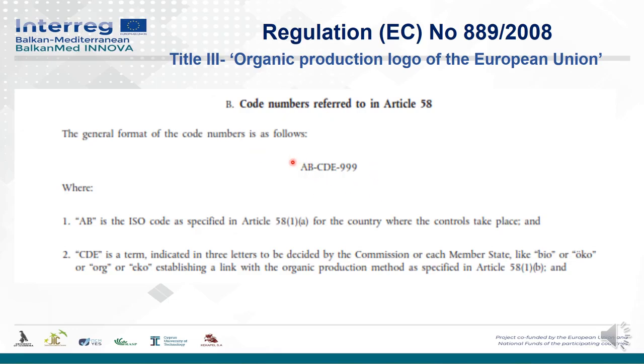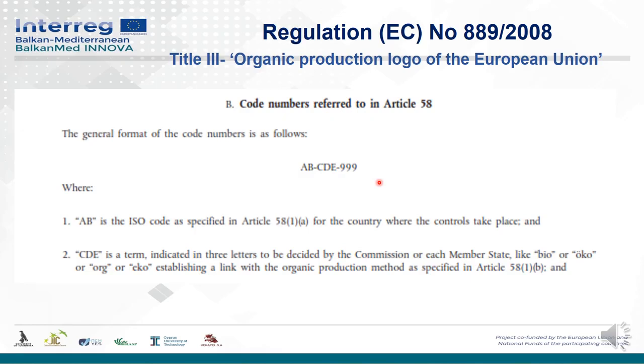So the country code of two letters, and then the code that is referring to organic production, which is with three letters, and another three letters that refer to the code of the certification body or control authority, which certifies the operator. In this case, each operator will have its specific, personalized code.